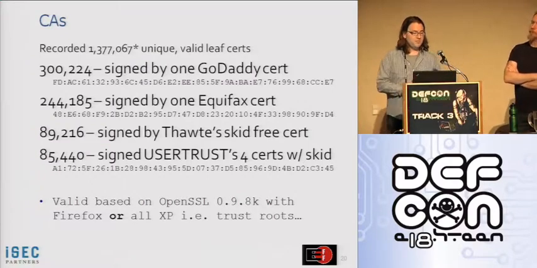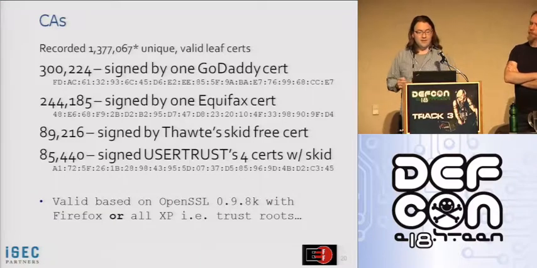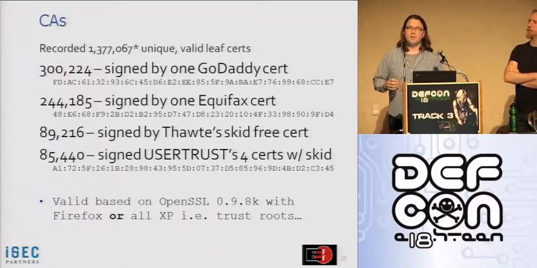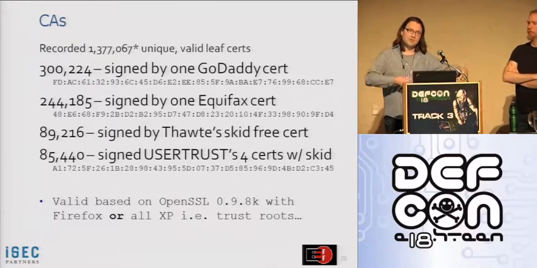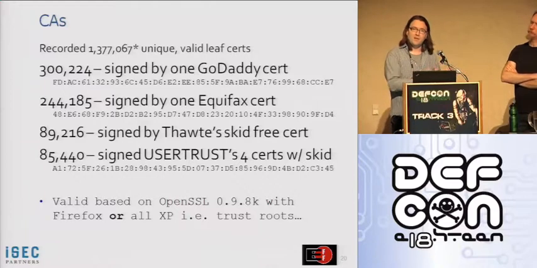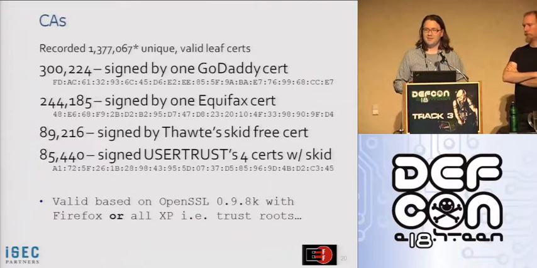They signed 244,000. When you get down to Thawte, you find one that doesn't have a subject key ID in it, which means that when you're looking it up, you have to look at every certificate in your trust root that has that issuer name. That can take a lot of time because if there are multiple keys in there, you have to do expensive public key operations for each of those to validate it, and if one isn't correct, maybe the next one is, so you have to keep trying.